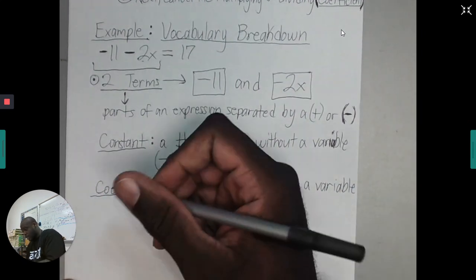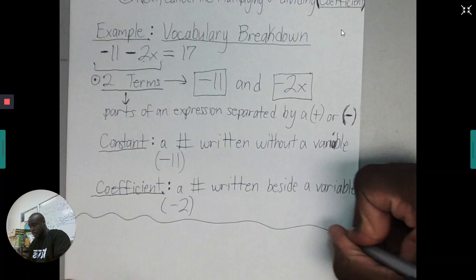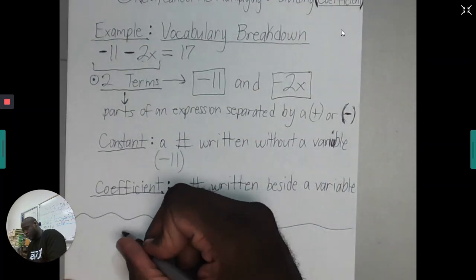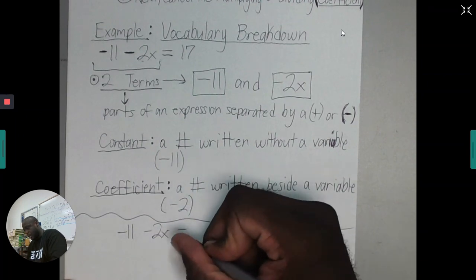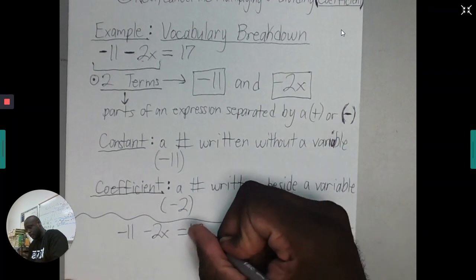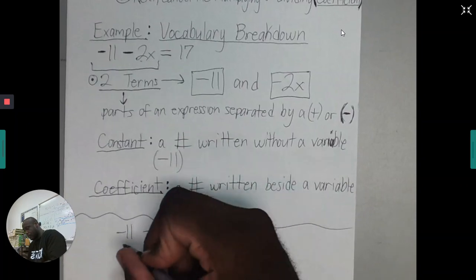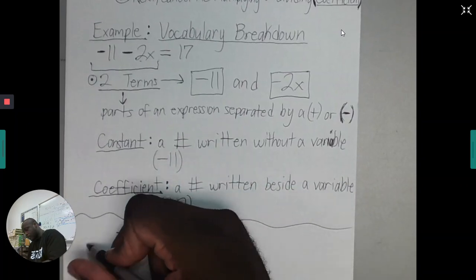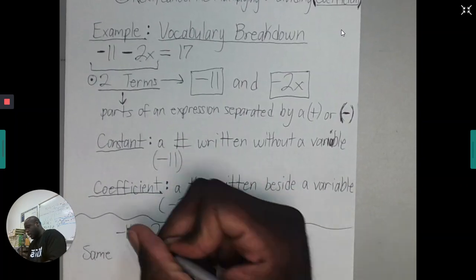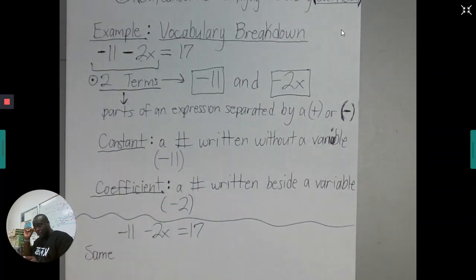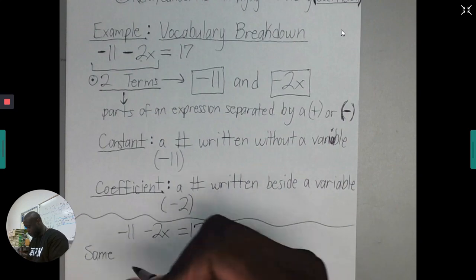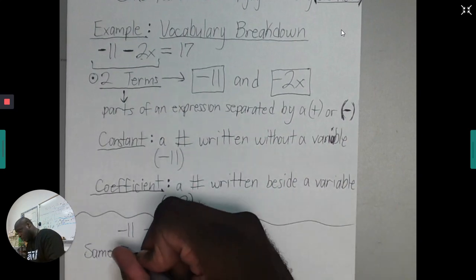-11 minus 2x equals 17. In one of the previous videos that I made, I noted that you can switch the order of an equation, and for this one we're going to rewrite it.